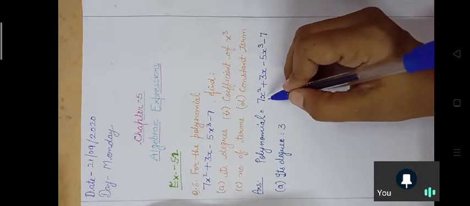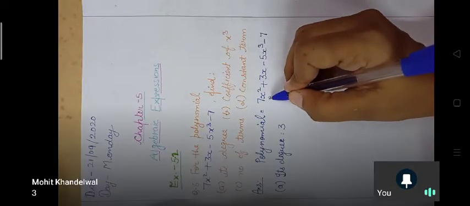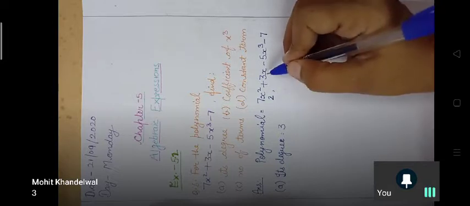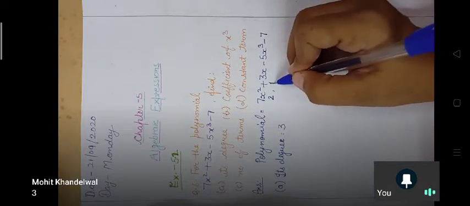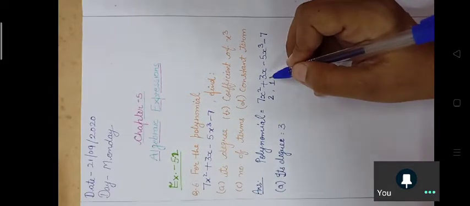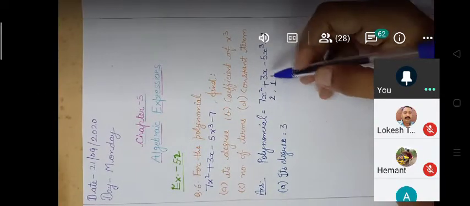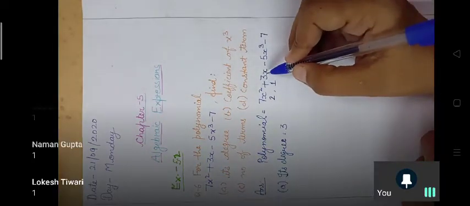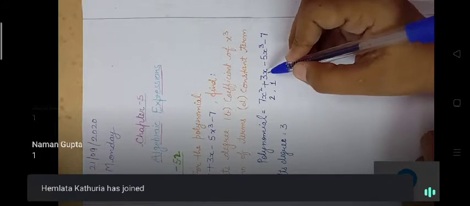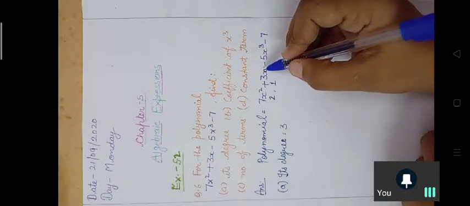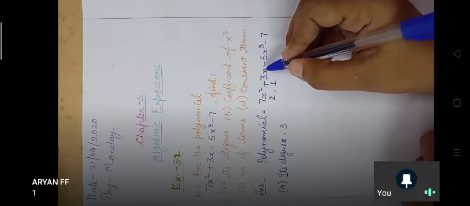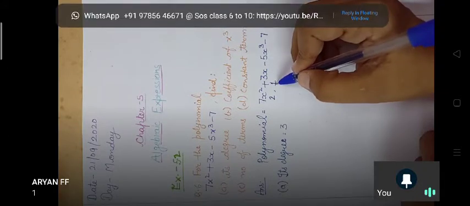So the degree of the first term will be 2. The degree for the second term will be 1. In the second term, the variable is x only, and if no power is written over the variable, then it is assumed as 1. So the degree for the second term will be 1.